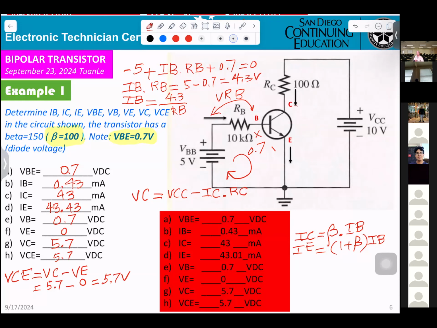That's the first example. Very, very basic. You have to try to understand. Not too many formulas. Any question regarding this example? No.